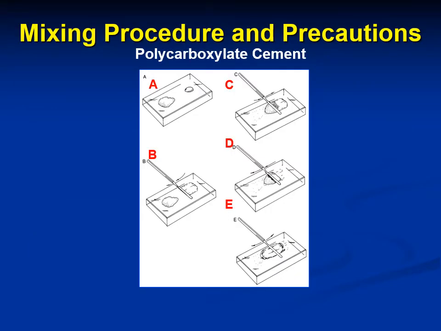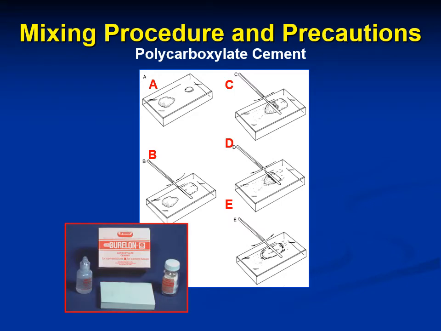The mixing procedure of polycarboxylate cement is done over a glass slab with a stainless steel spatula, or better, over a paper pad and plastic spatula. Why? Because the polyacrylic acid is reactive to other surfaces like the stainless steel spatula or the glass slab, so the cleaning will be very difficult.